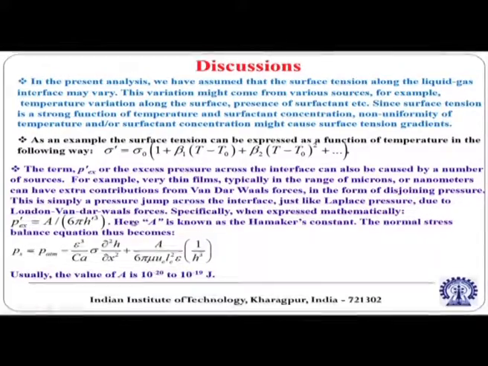This parameter A is known as Hamaker's constant, and it is possible to get the Hamaker's constant for various interactions by considering intermolecular forces. Therefore the normal stress balance in a dimensionless form will look like this if you are considering this excess pressure. In many problems in microfluidics and nanofluidics, this excess pressure term is very important.